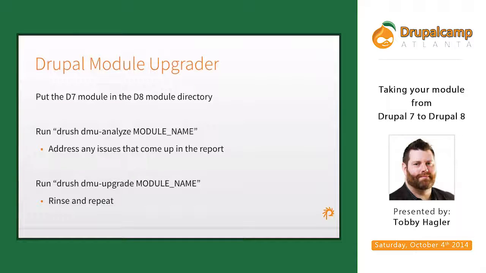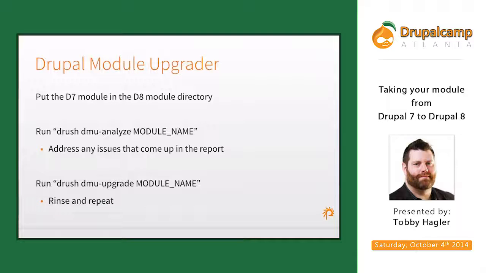Pardon me. So the basic steps of using automated tools: you're going to put your Drupal 7 module in the modules directory of your D8 site. The next step is you're going to run drush dmu-analyze and the name of the module. What it'll do is generate an HTML file as a report of everything that has to change.